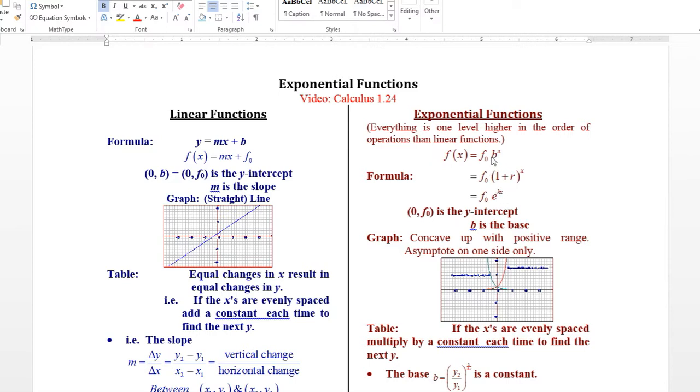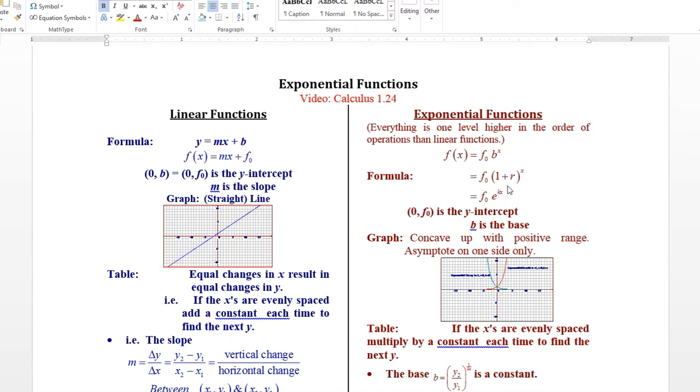You can convert from a base b to any other base that you want, actually, but from base b we convert to our standard base of e if we change this x to be some constant times x. And so this constant is like a percentage rate of change, but it's a percentage rate of change compounded continuously.